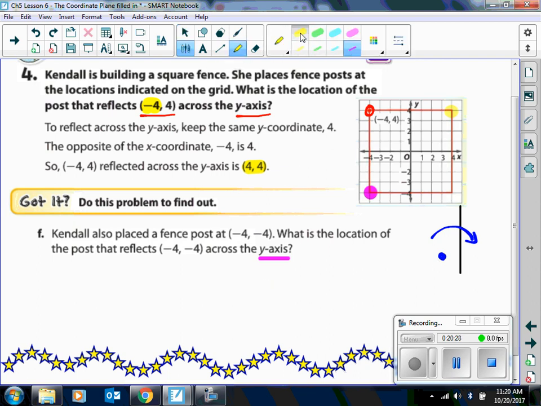So with negative 4 comma negative 4, the x value changes. The opposite of negative 4 is positive 4. So the new fence post will be at 4 comma negative 4. And 4 comma negative 4 is right there.